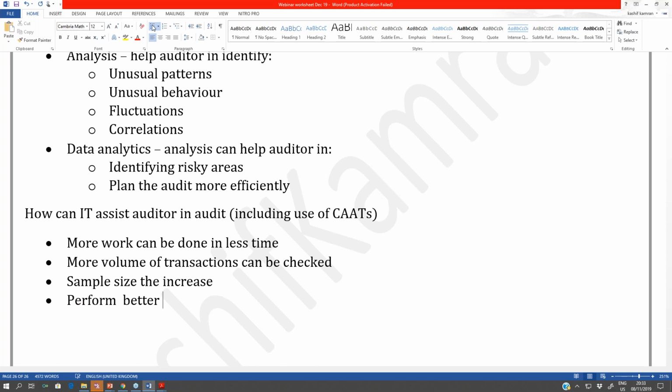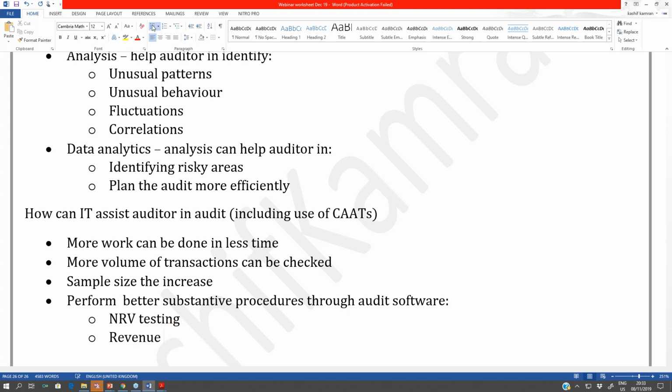You can perform better substantive procedures through audit software. Like what? Like NRV testing, like revenue analysis. These are all examples the examiner has given.